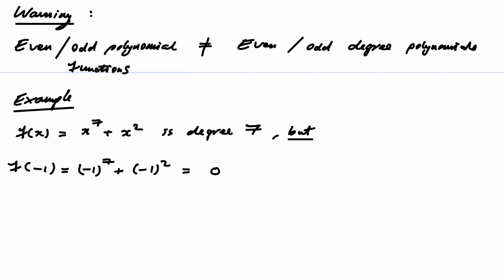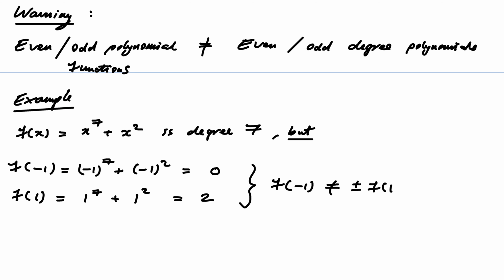And what's f of 1? I'm just trying to test the condition. I'm just doing it at a really simple point, x is equal to 1, to see what happens. So this is 1 to the 7 plus 1 to the 2, which is equal to 2. So what does this tell you? This tells you f of minus 1 is not equal to either plus or minus f of 1.